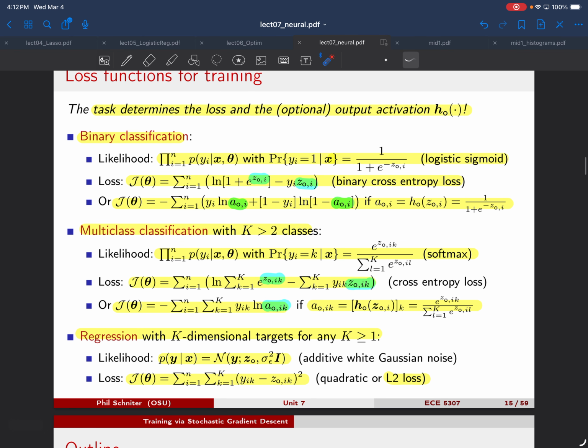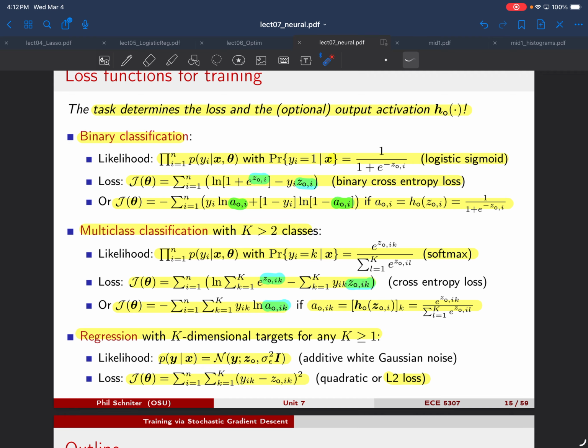And we talked about loss functions for training. So these are the standard ones that we've seen, although there's a lot of flexibility here. If we're doing binary classification, we would use binary cross entropy. But we have to be careful whether we define that loss in terms of the linear outputs of the last layer or in terms of the sigmoid outputs.